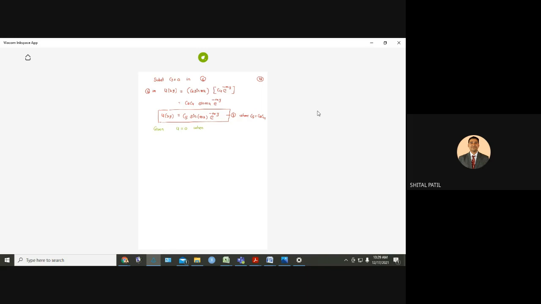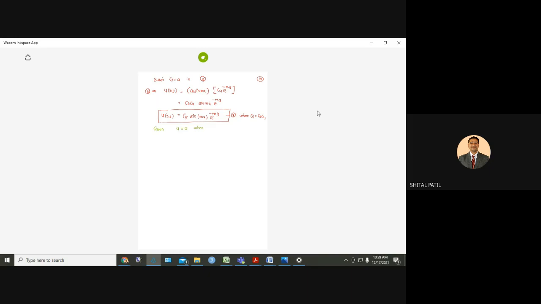C2 is a constant, c4 is a constant, 5 is a constant, 9 is a constant. What is 9 into 5? A new constant, right? Whether its value is 10, 100, 13, it doesn't matter. It is a constant, it is just a notation. c5 is a new constant.